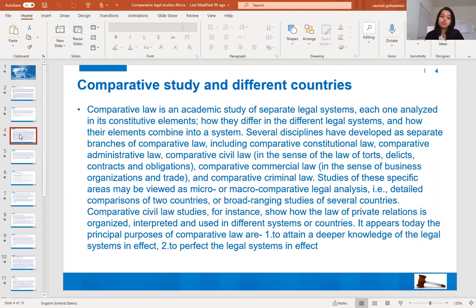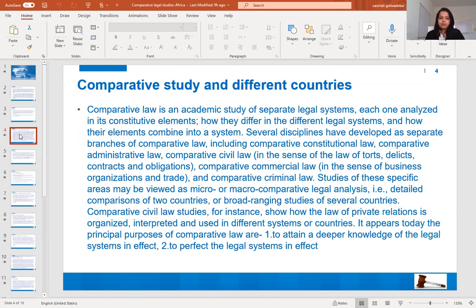So what is the purpose of comparative law? To get a deeper knowledge of legal systems in effect. Study many legal systems, understand them, and then perfect the legal system in effect. So try to improve your legal system by referring to the legal systems of other countries. This is done by so many countries in the world.